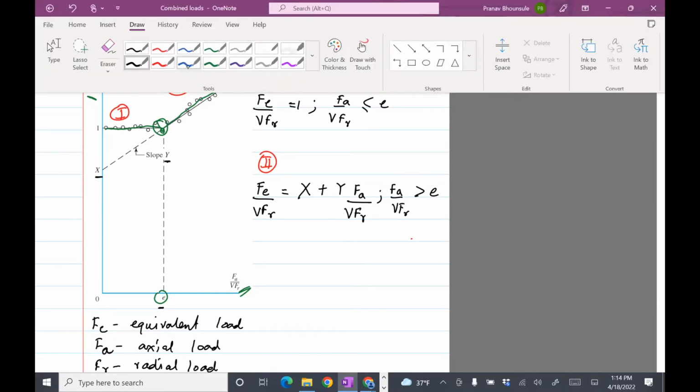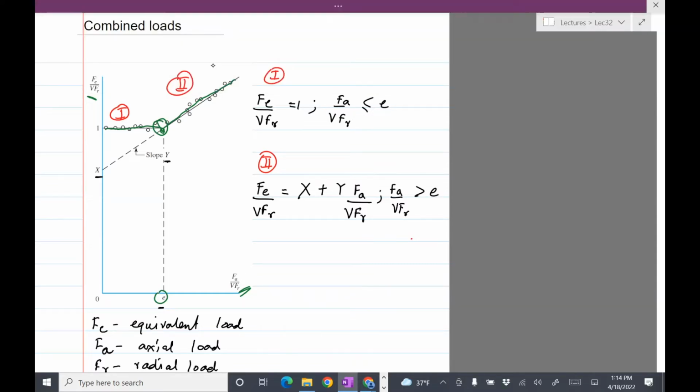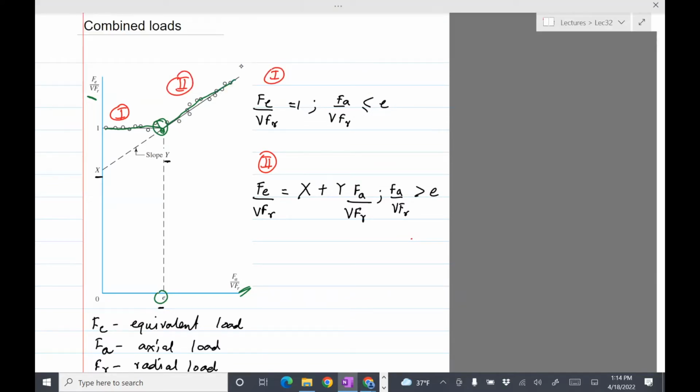Okay, so what does this look like? Well, it looks like the equation of a straight line. So this term over here is y. This thing is x. If you remember, the equation of a straight line is y equals c plus mx.